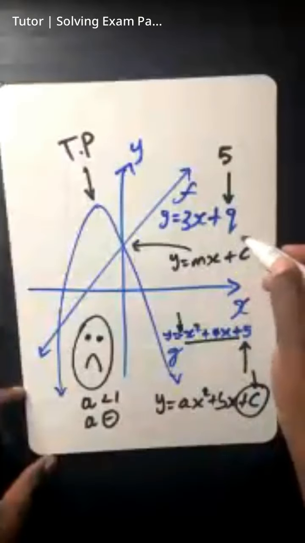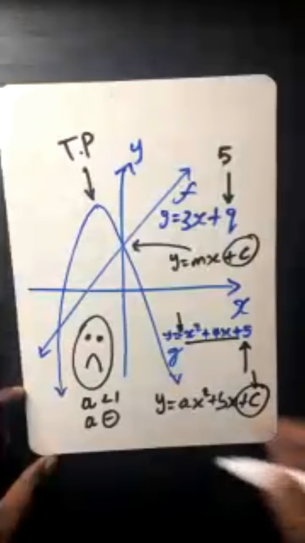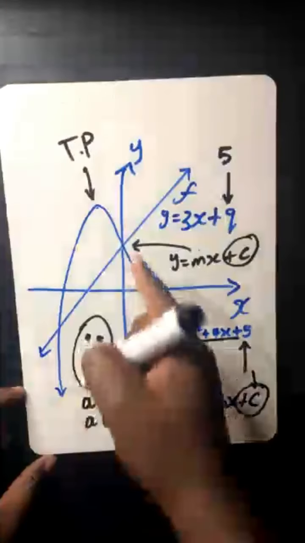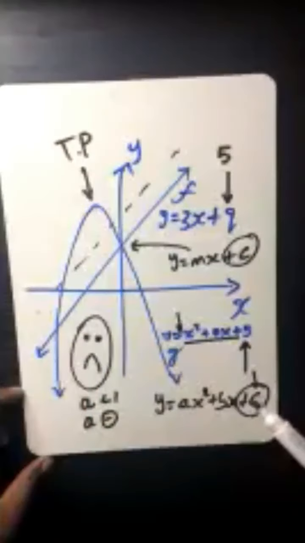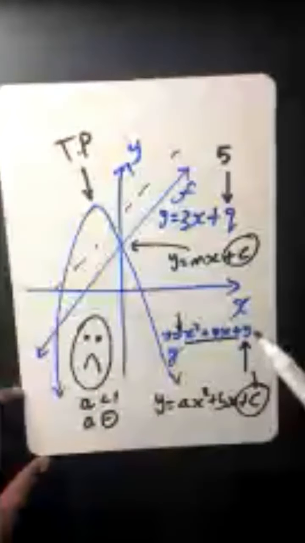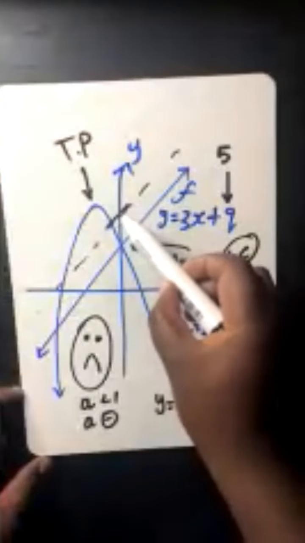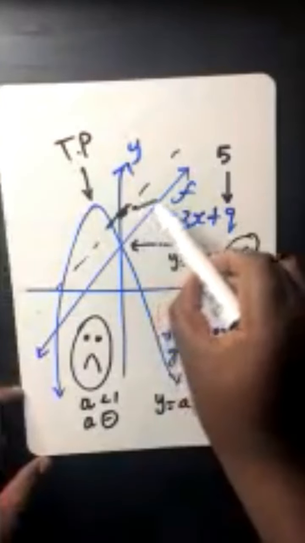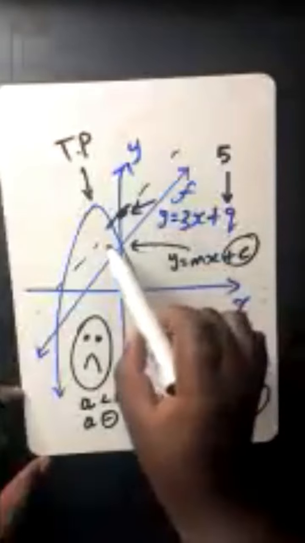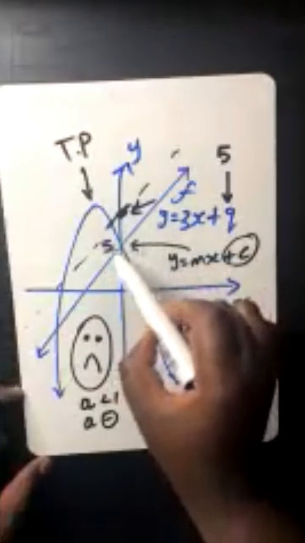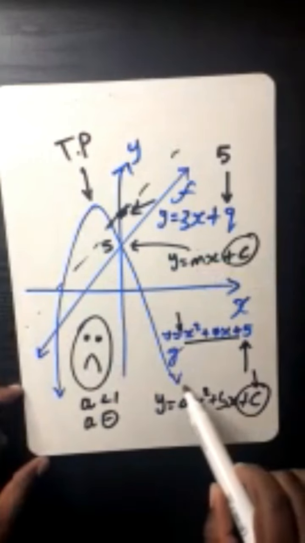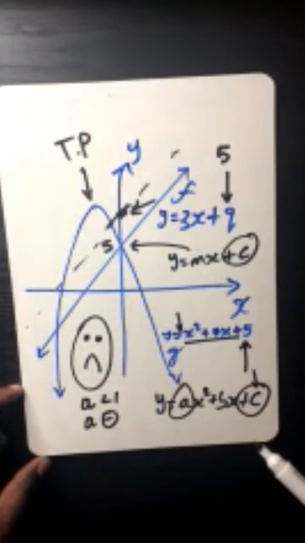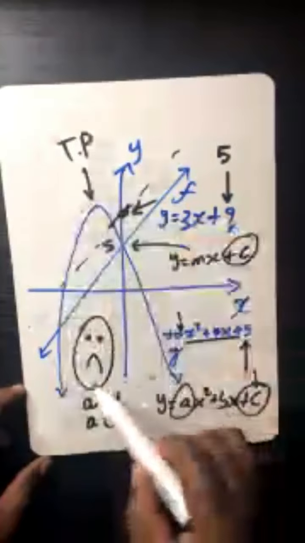That is why I'm saying that c is that one over there, in this case where the straight line touches that. But if that straight line was passing somewhere there, then 5 wasn't going to be that point where the straight line cuts. So it was going to be a different number, but a number which is above 5. And again, we know the A value has to be negative for that one because of that shape.